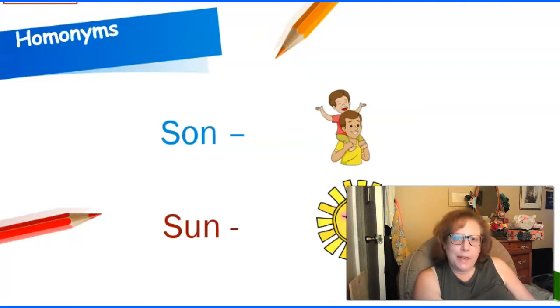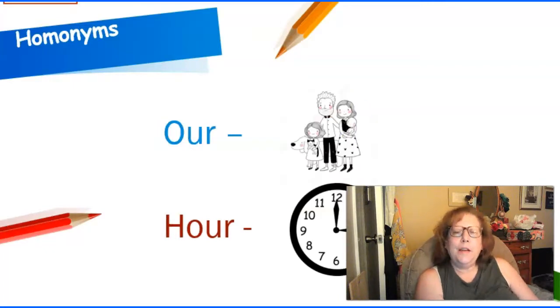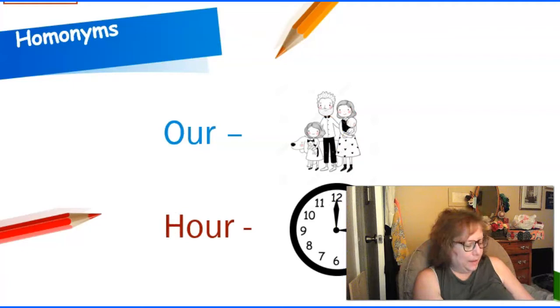So take a minute to look at the screen and hopefully you recognize that sun, S-U-N, is the one you need to circle for 16. Now let's go to 17. And here we have, we love our new kitten. Well, I know it might be a little bit hard to see, but we've got a family and the little girl is holding a kitten.